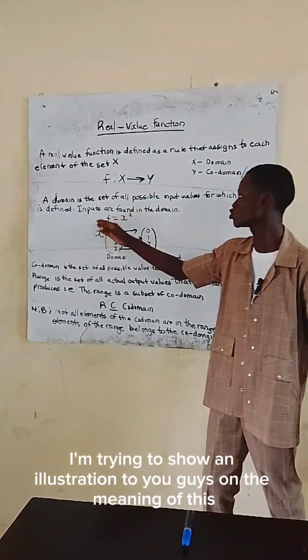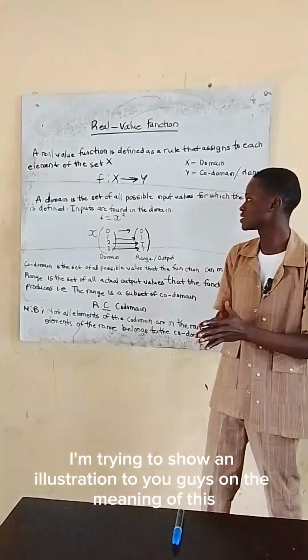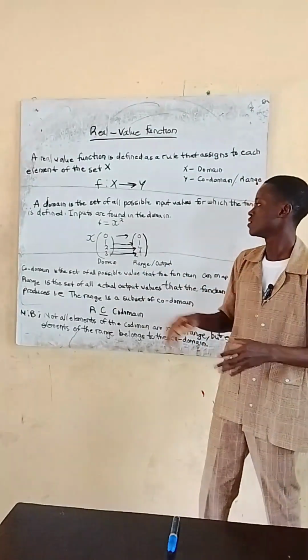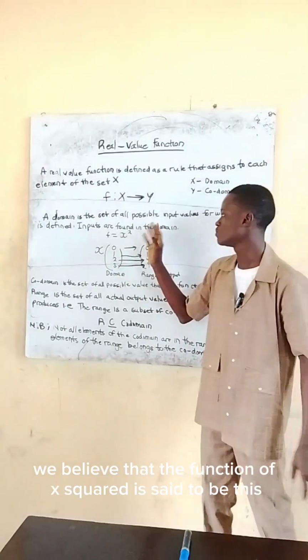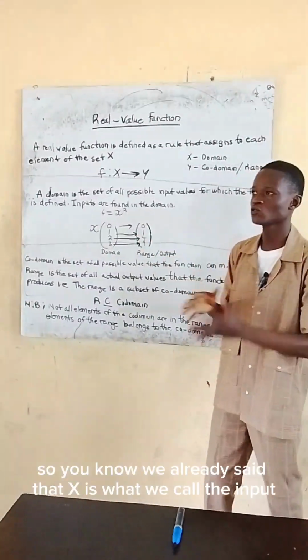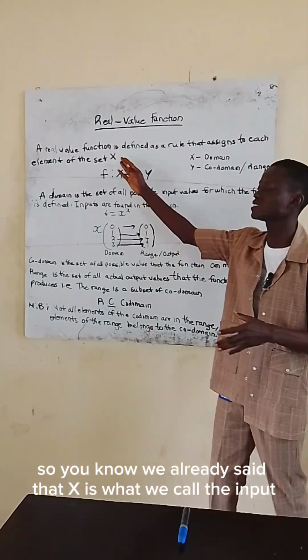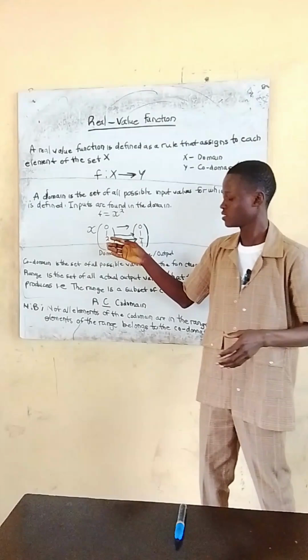So I'm trying to show an illustration to you guys on the meaning of this domain, and in order to clarify this, we believe that the function f of x squared is said to be this. So we already said that x is what we call the input and y is said to be the output.